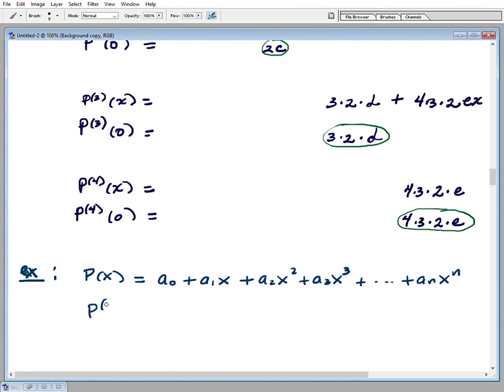We take n derivatives and substitute in 0. What we're left with is n times n minus 1 all the way down to times 2 times 1.